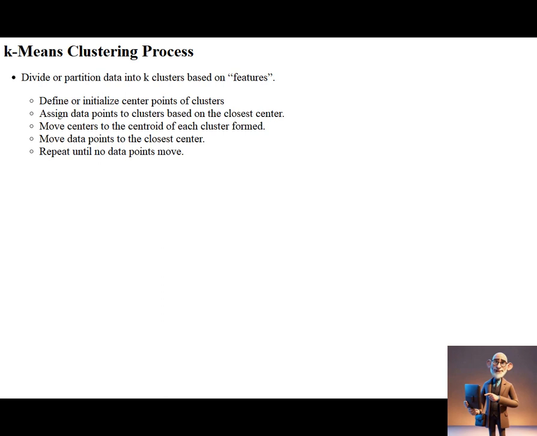The K-means clustering process is both intuitive and effective, making it a go-to method for data partitioning and pattern recognition. As we explore the world of K-means clustering, keep in mind this dynamic process of defining clusters, adjusting centers, and refining assignments until we achieve a stable and meaningful partitioning of our data.